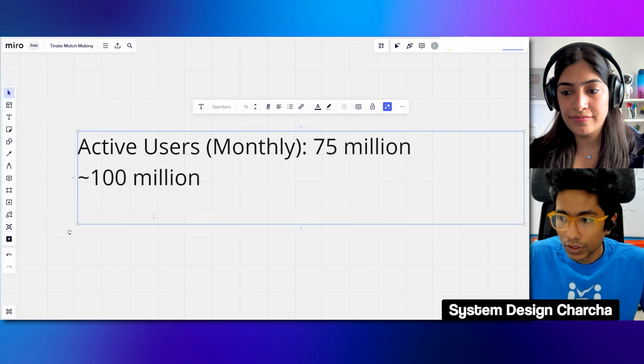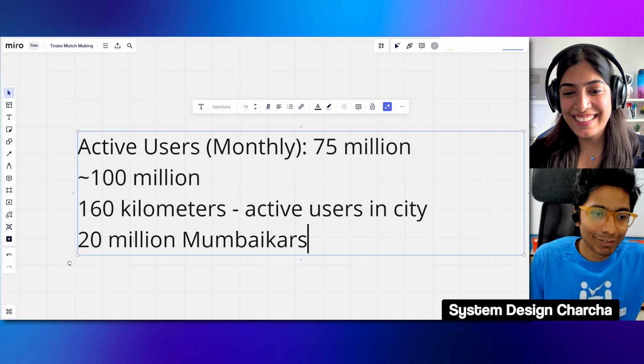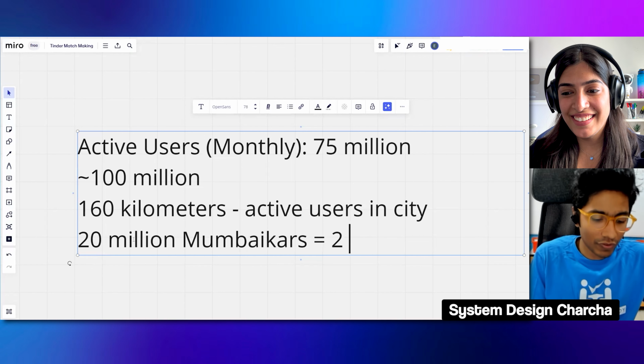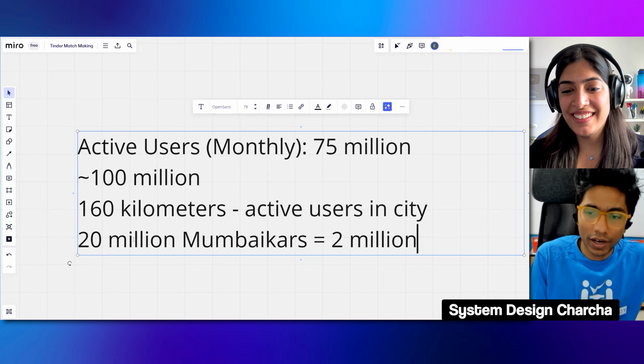I guess 2 million, 10 million. It's 20 million, and amongst them, if Tinder is super active, then it will be 2 million, because there's no way it's more than this. But in the largest city that you can get to, maybe NYC, you will have 2 million active users.